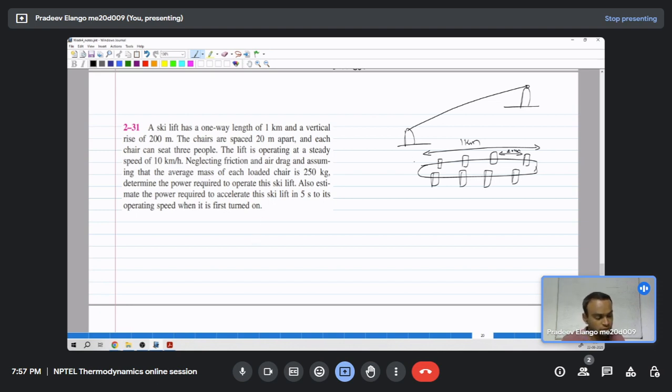Considering one way, we will have 5 into 250 kg that is getting lifted, and this is raised to a height of 200 meters.